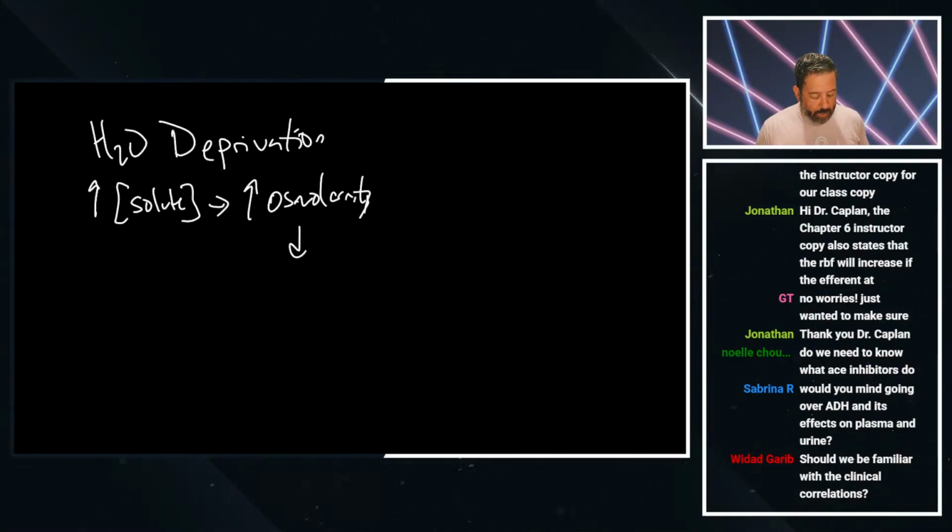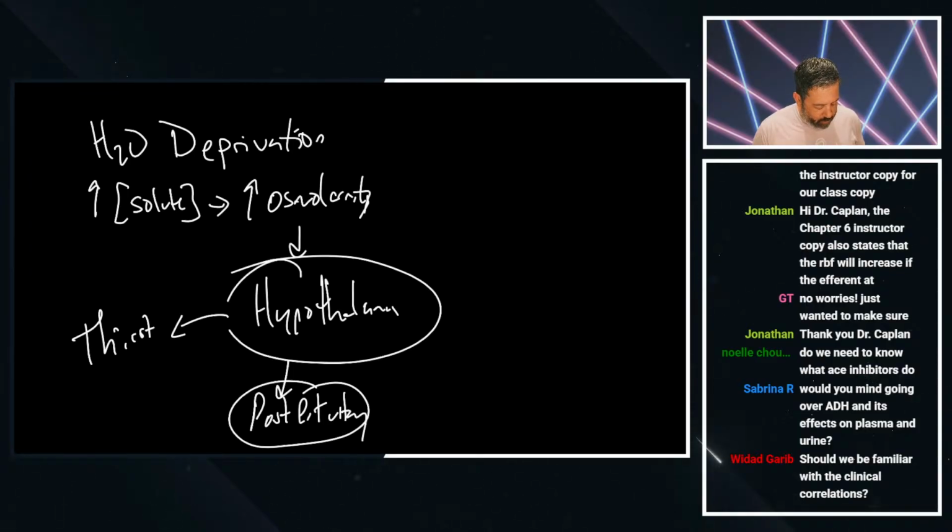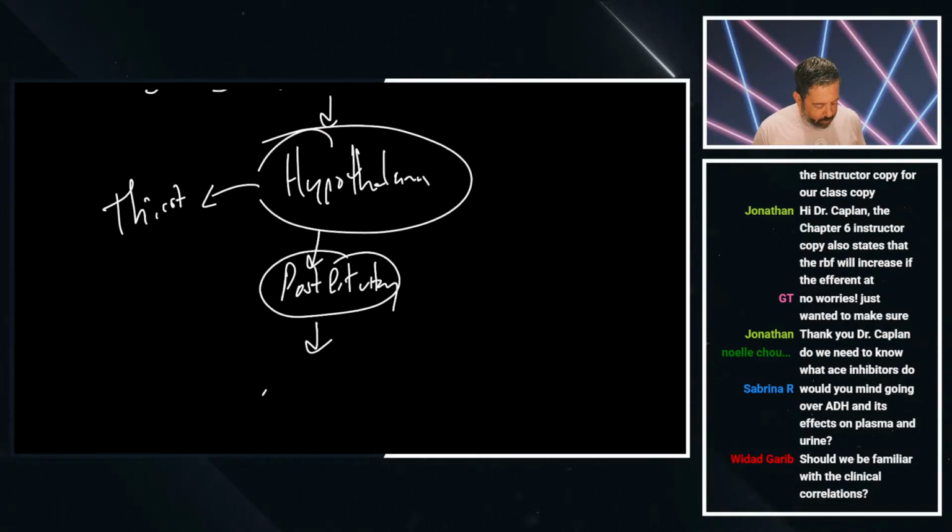This increase in osmolarity is sensed by the hypothalamus, which is going to do two things. It's going to kick in thirst, and it's also going to tell the posterior pituitary to release ADH.